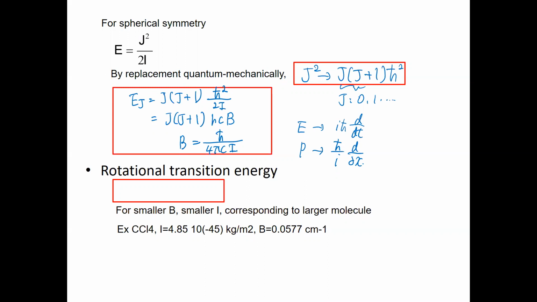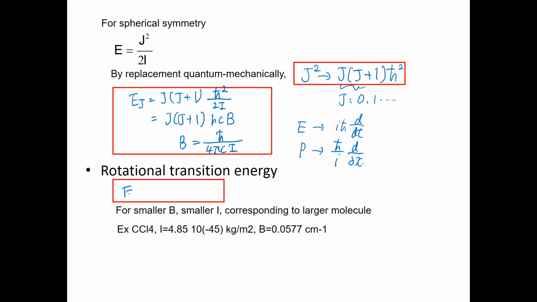So just try to calculate, and now we can figure out what kind of expression we have for the rotational energy. We can calculate the transition energy of the rotation.